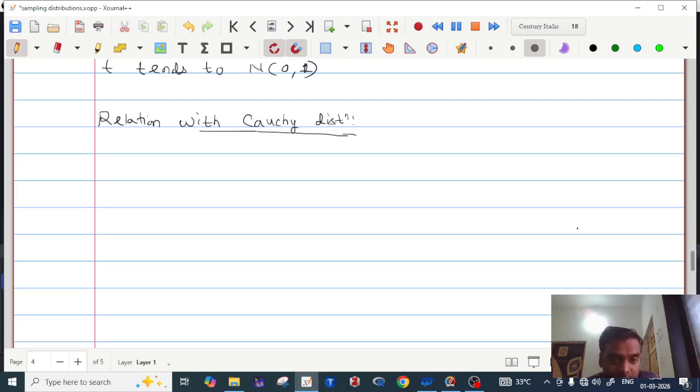If t follows t with n degrees of freedom, then its PDF is 1 upon under root n into 1 upon beta 1 by 2 comma n by 2, multiplied by 1 upon 1 plus t square upon n raised to n plus 1 upon 2.